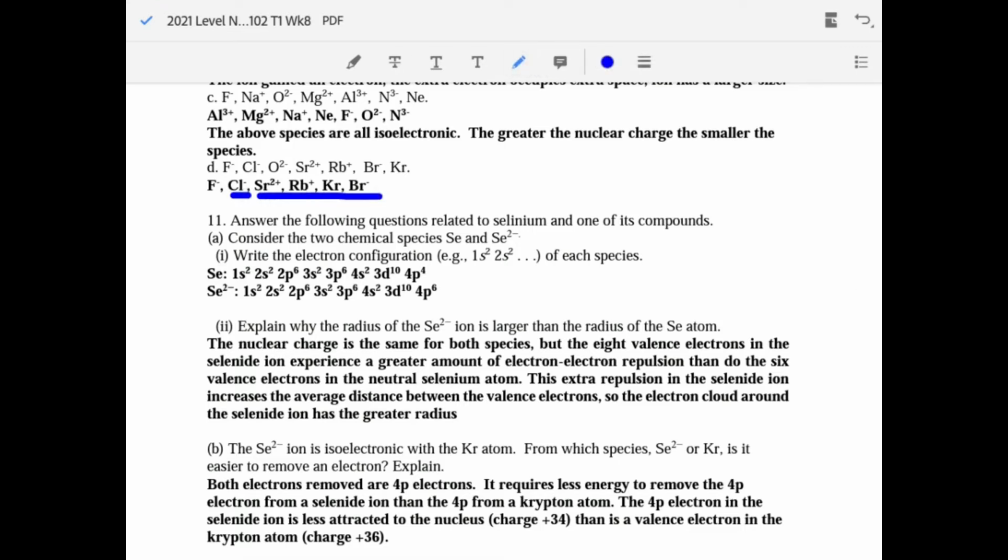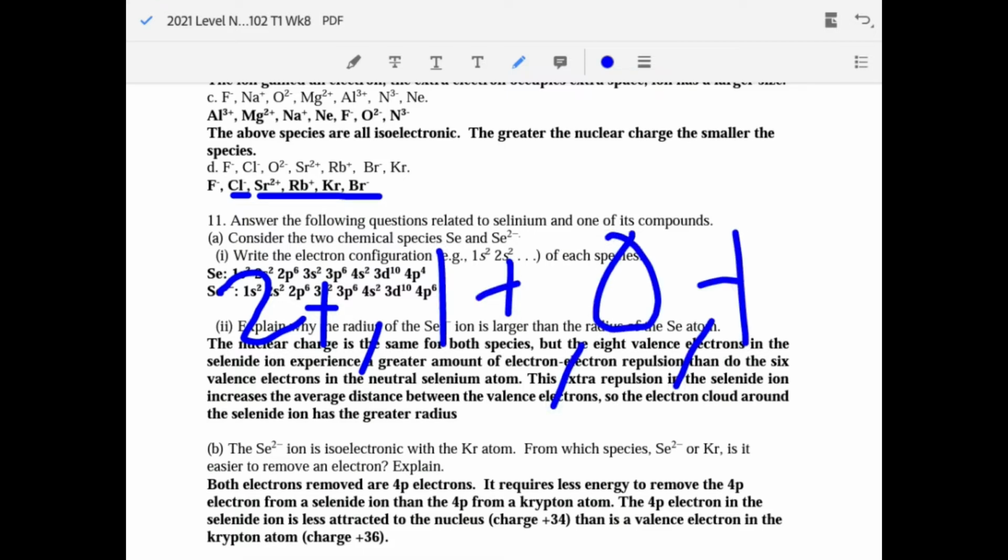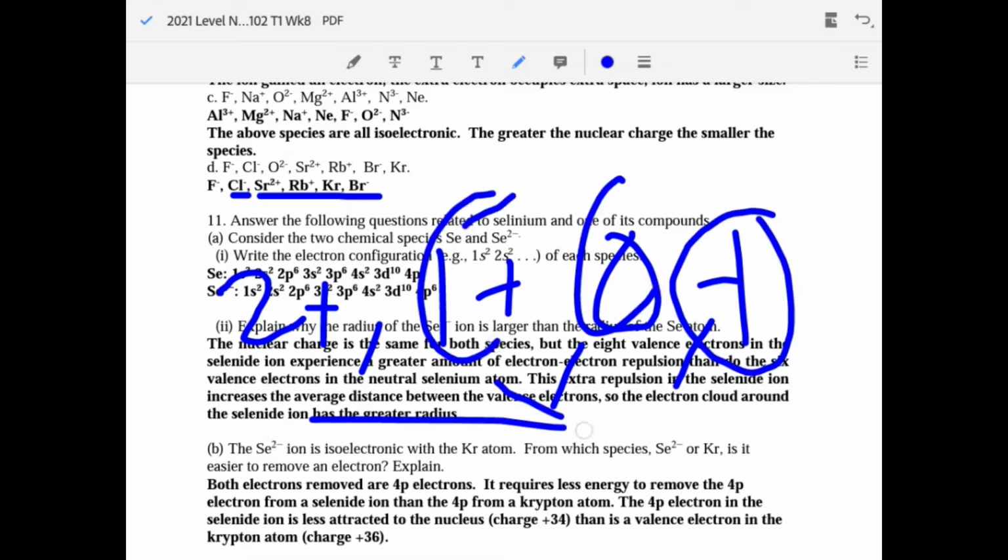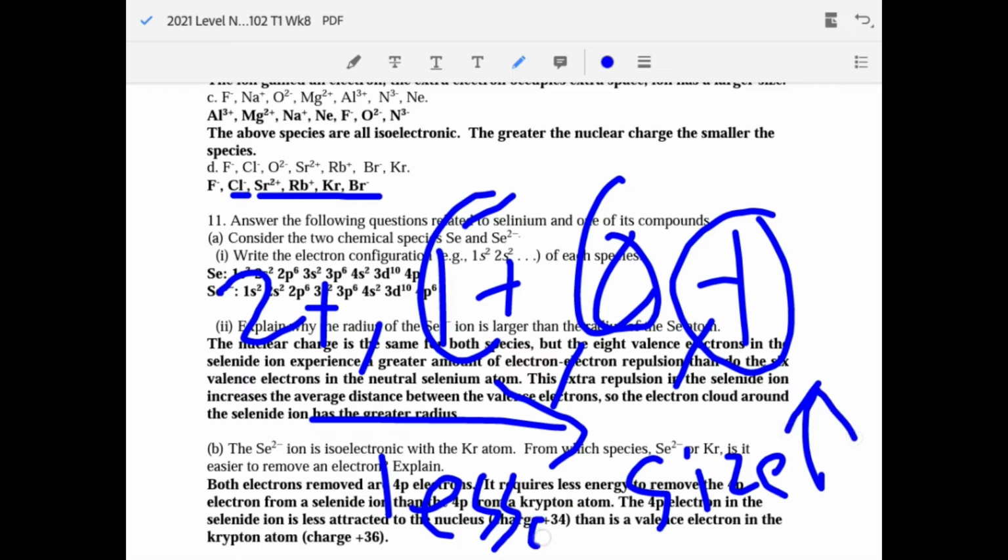And then here it's just decreasing charge: 2 plus, then 1 plus, then 0, then 1 minus. Less nuclear charge is what gives it these charges, so as it goes here, it's less. So size will be bigger due to less attraction.